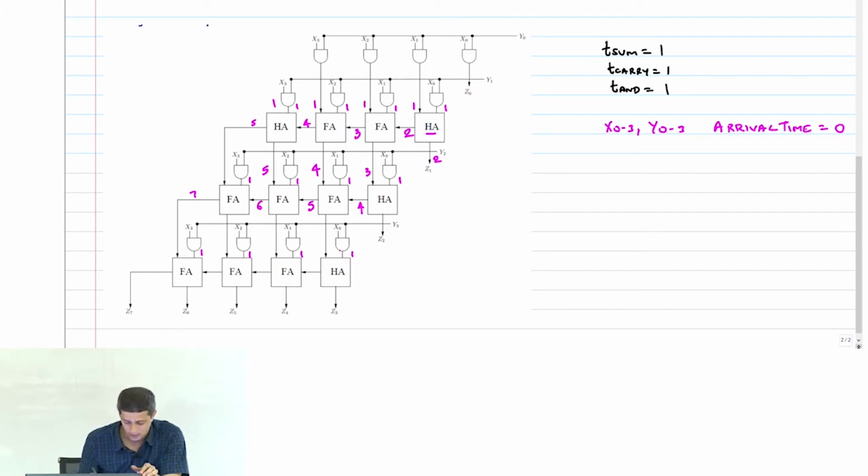Yeah? You take max arrival time, right, of both inputs 1 and 5, 5 plus 1 unit, 6, 6, 7, 7. Now of course the 6, 6 is the same. For this full adder, this one A or B is arriving at 6, the carry is also arriving at 6. So max is 6 plus 1 unit, 7, right? This will be again 8, 8.